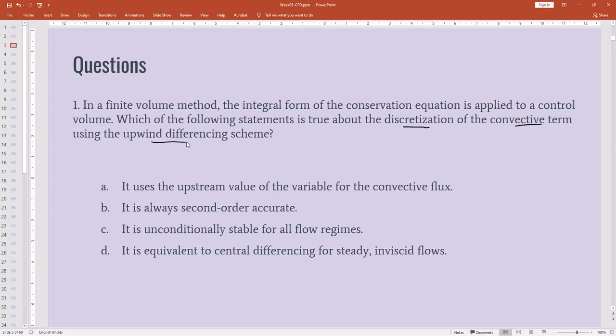The options are: Option A, it uses the upstream value of a variable for the convective flux. Option B, it is always second order accurate. Option C, it is unconditionally stable for all flow regimes. Option D, it is equivalent to central differencing for steady inviscid flows. You can inbox your answers.